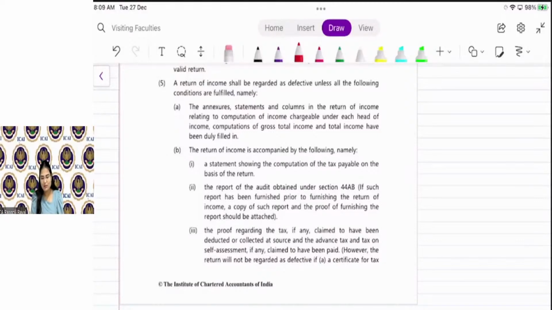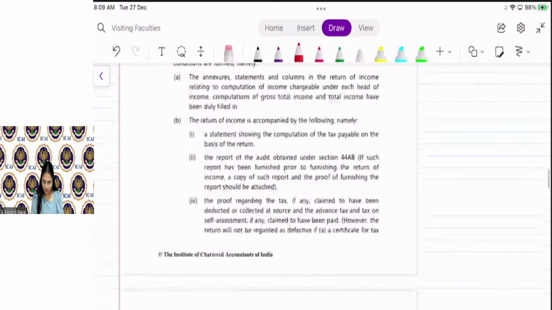He will give you a maximum of another 15 days to correct your defect. They can ask for proof for claiming any deduction, or if you forgot to attach the audit report, they can ask for the audit report also.